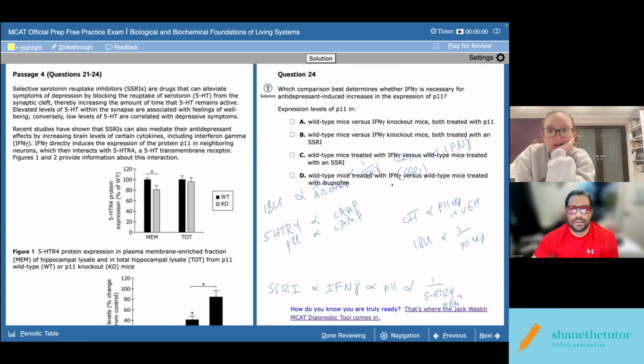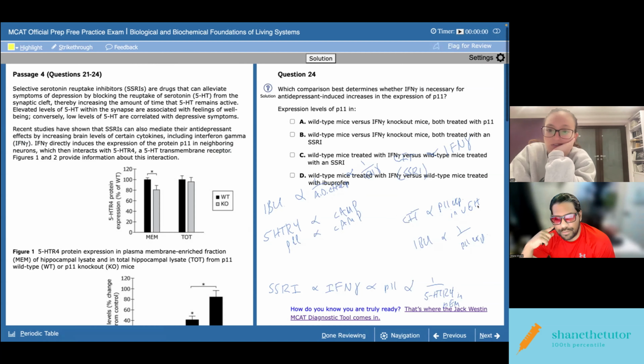What comparison best determines whether IFN gamma is necessary for antidepressant induced increases in the expression of P11? Induced increases. What does this one say?